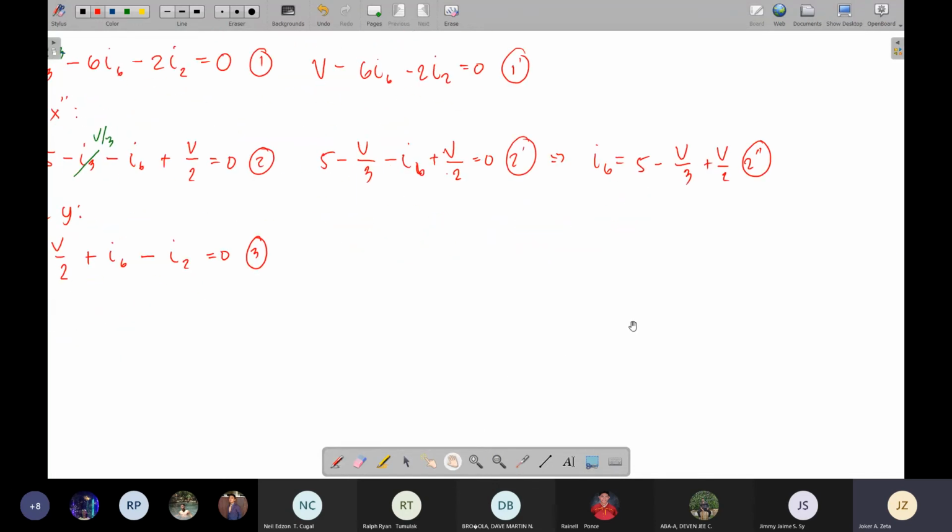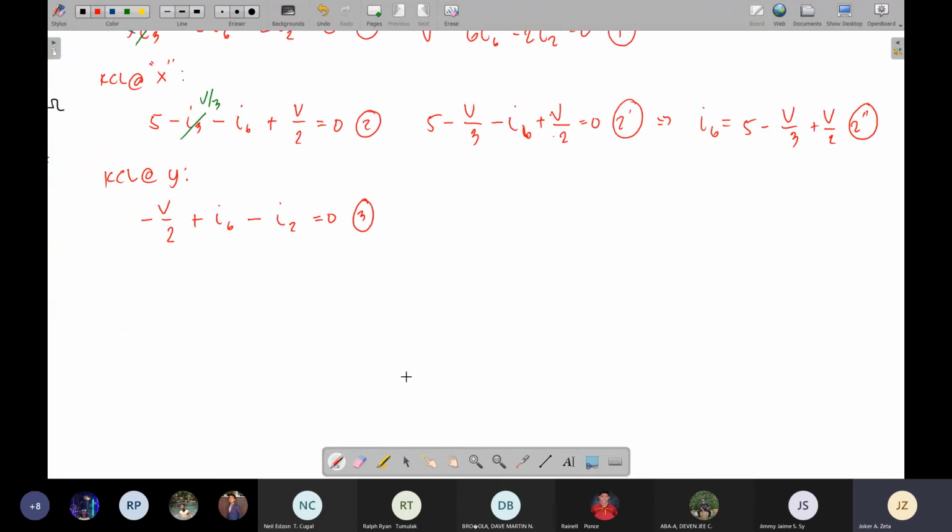Okay. Then, I'm going to substitute 2 double prime in equation 3. So, that would be negative V over 2 plus, ang I6 is, you have 5 minus V over 3 plus V over 2 minus I2 is equal to 0. So with that, cancel out ni kani.